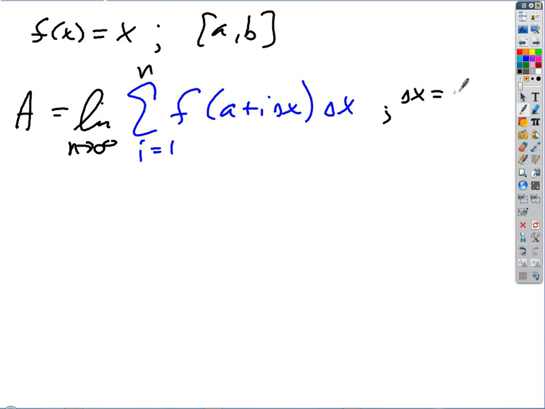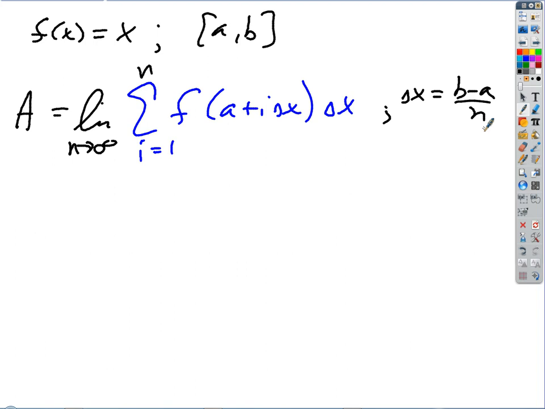Delta x we can replace with b minus a over n. That's one substitution we can make. And then if f of x is x, f of junk is junk. So f of that is just going to be that.